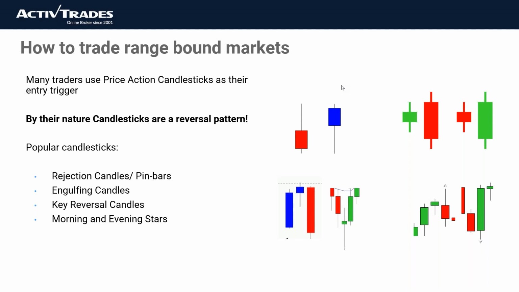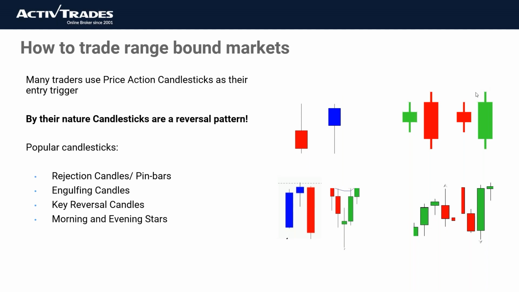I do know that some people like to trade things like double tops and bottoms within a range, but as I said earlier, my personal style, and yours is very welcome to differ, is that I am looking at the edges of range-bound markets. What is going on there that might give me an opportunity?